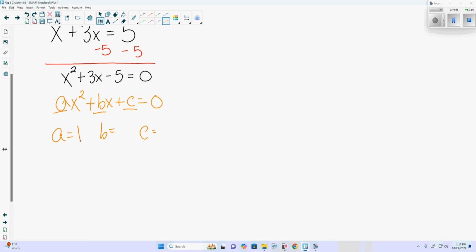The value of b will be positive 3, and the value of c is negative 5. A, b, and c will not contain a variable. A will not contain x squared, b will not contain x. We just have a number. Questions on how we got to this point so far?